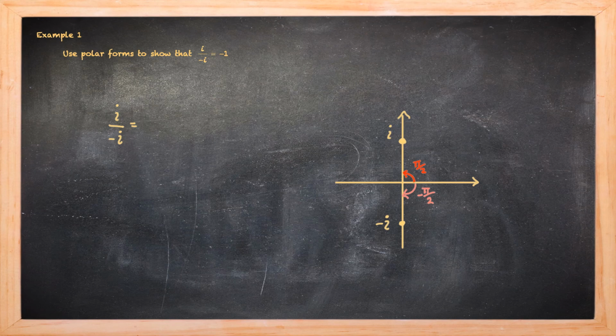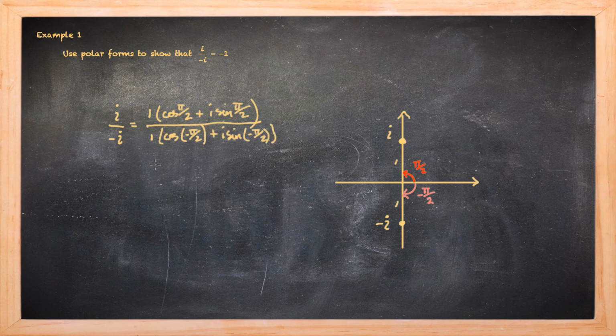Now both of these complex numbers have unit modulus. Modulus is 1. So i we can write as 1 times cos pi upon 2 plus i sin pi upon 2. And negative i we can write as 1 times cos negative pi upon 2 plus i sin negative pi upon 2.